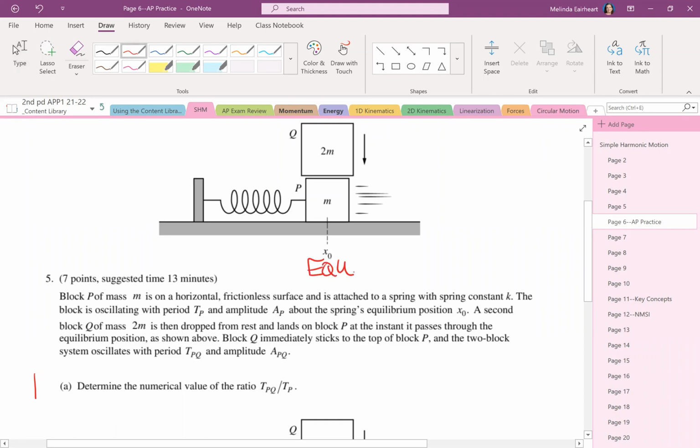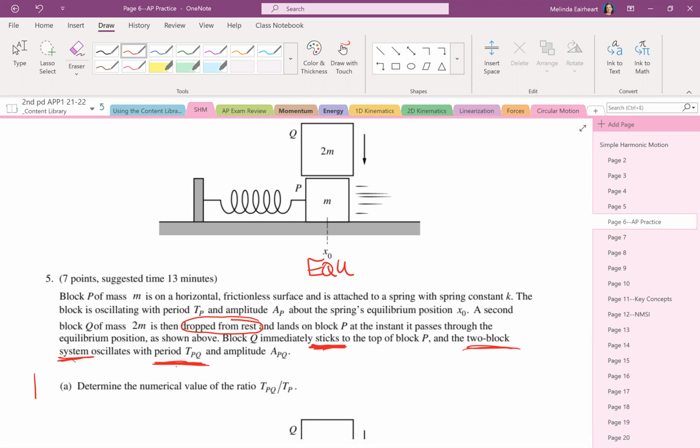A second block, Q, which has twice the mass, is then dropped from rest, and it lands on P at the exact moment that P passes through the equilibrium position. So it's a perfect drop, a perfect landing. Physics land. Block Q immediately sticks to the top of block P, and the 2-block system oscillates with this period T_PQ.